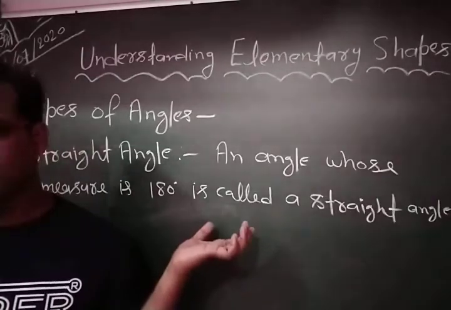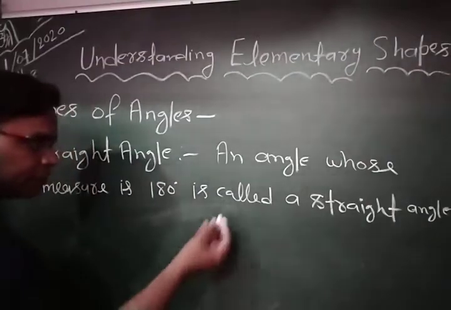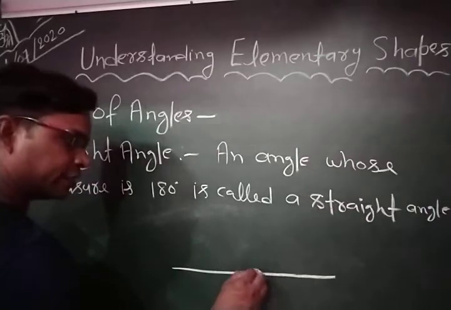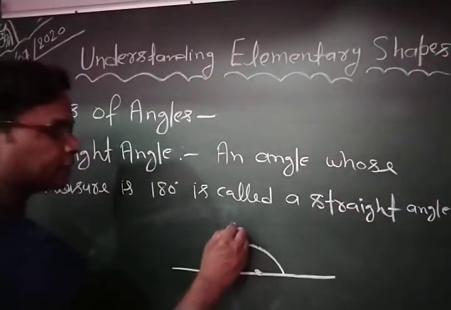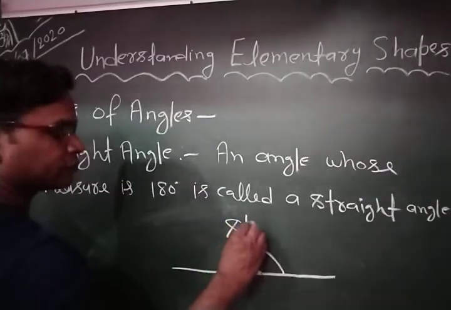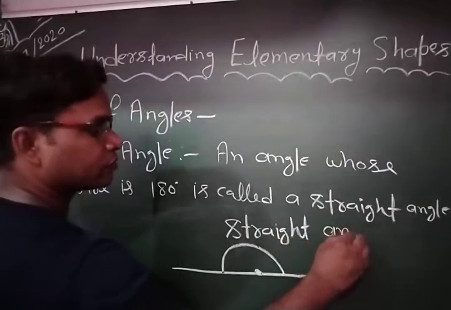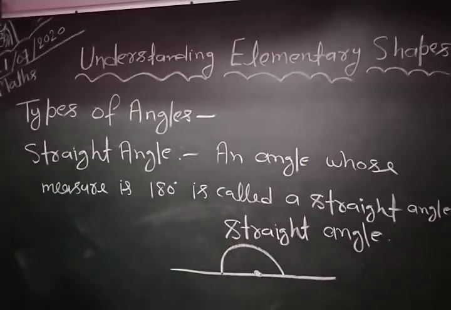Okay. Now next angle is reflex angle. Okay, so let's see the figure of this straight angle. Suppose here this is the center and this is a straight angle. This is a straight angle.